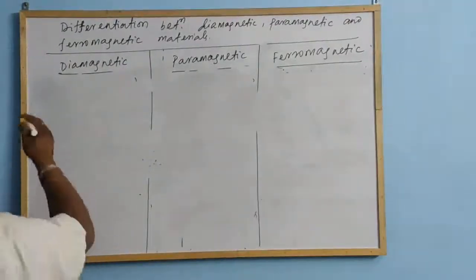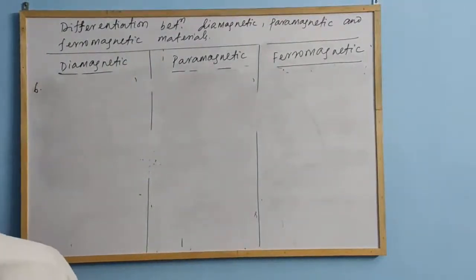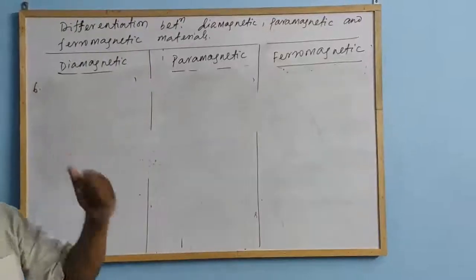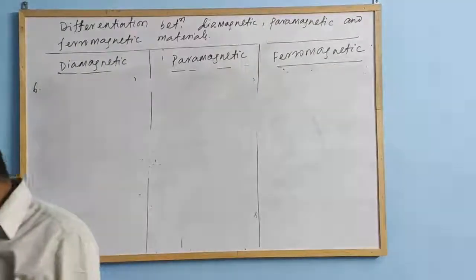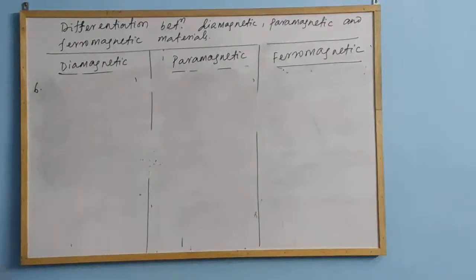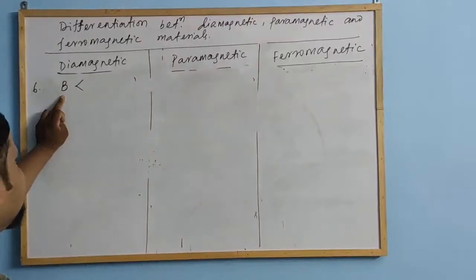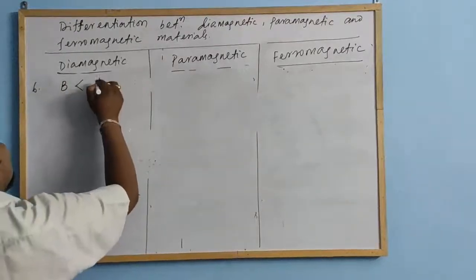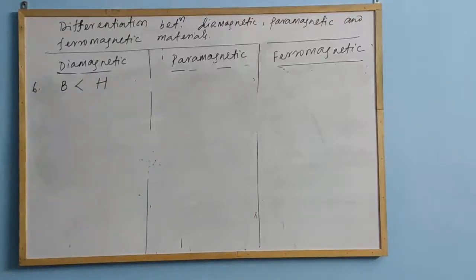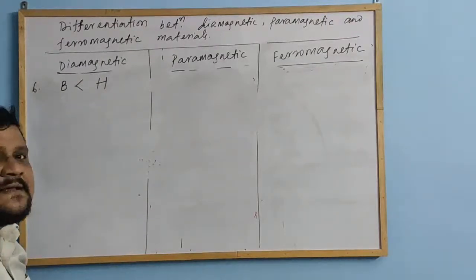In the sixth case, the behavior: the diamagnetic material shows a behavior that the magnetic flux density of diamagnetic material is less than the intensity of magnetizing field.